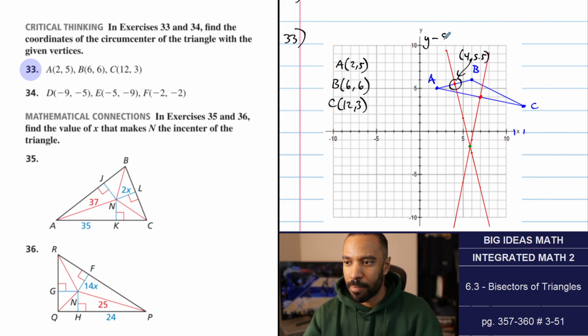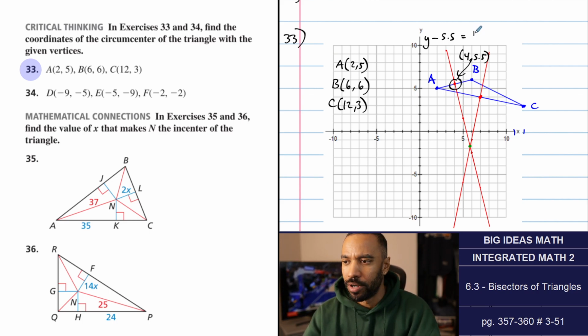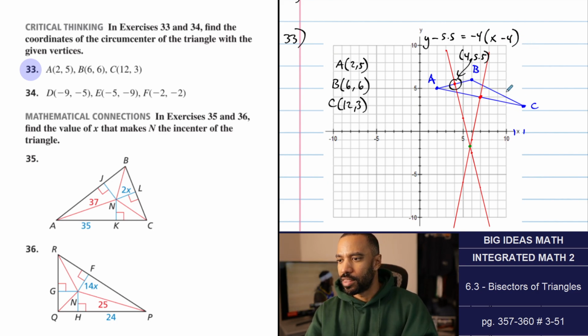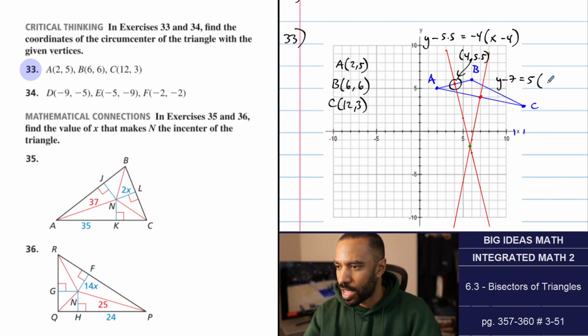So this will be y minus 5.5, y1, equals a slope of negative 4 times x minus x1, 4. And then this equation has a slope of 5, and that point of intersection is 4, comma 7. So this is y minus 7 equals 5 times x minus 4.